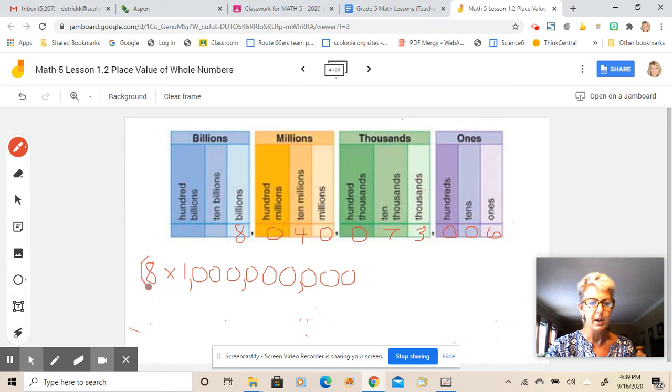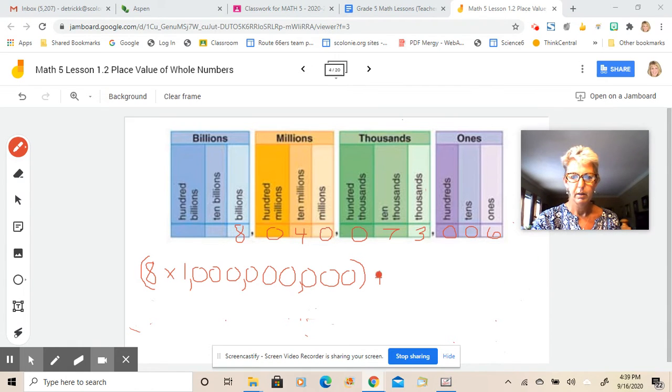Now, if we were going to add to that, the next non-zero value is a 4. So we would write that as, I'm going to move my thing over here. In fact, I don't know if I'm going to have room because it's kind of small. We have 4 times, in this case, 10 million. So how would we write 10 million?